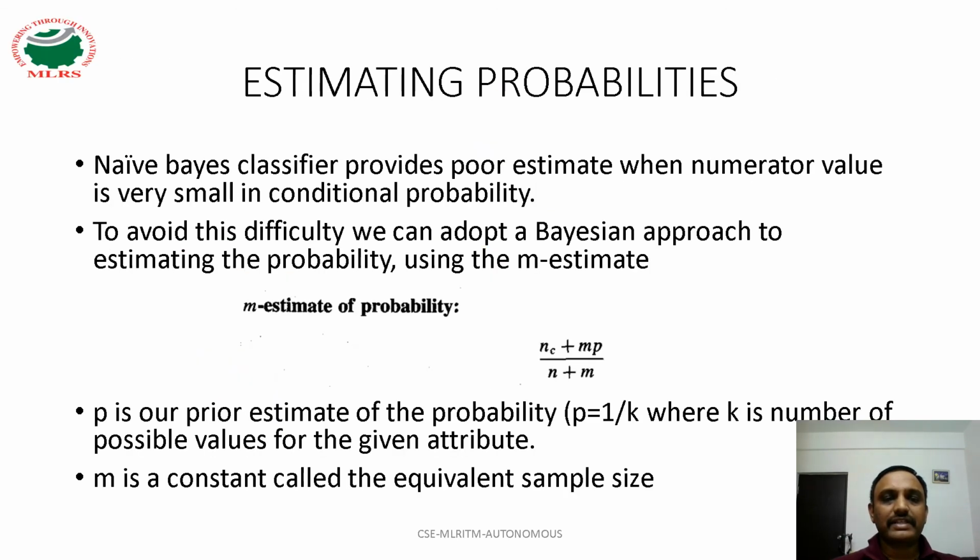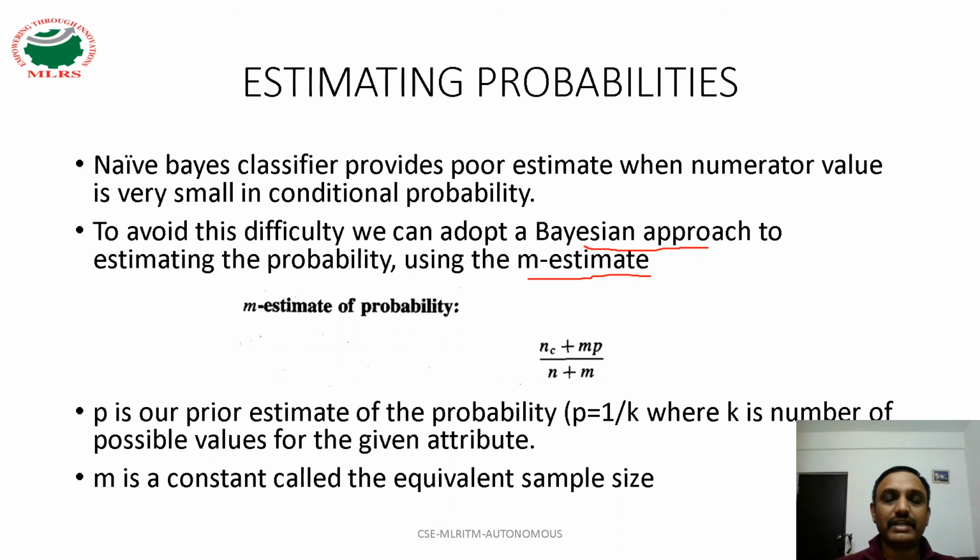One drawback is there for the Naïve classifier. If the numerator value is small, then it gives us a poor estimate of the target value. So to avoid this difficulty, we can adopt a Bayesian approach to estimate the probability using the M estimate.